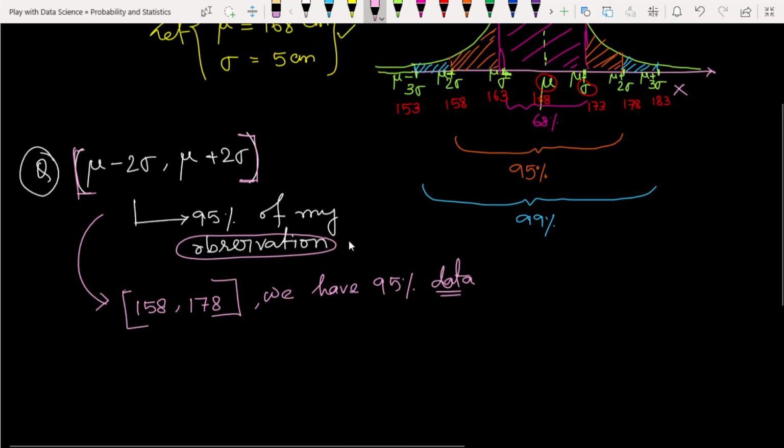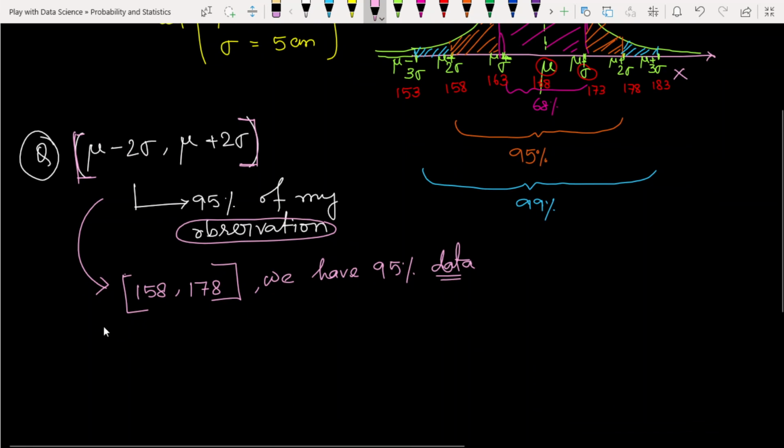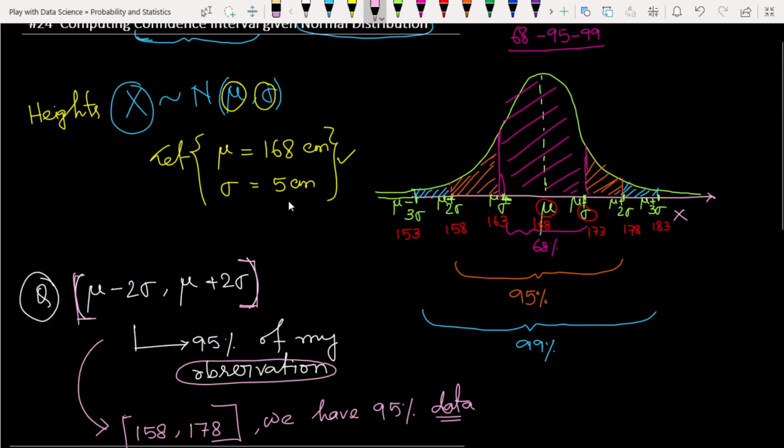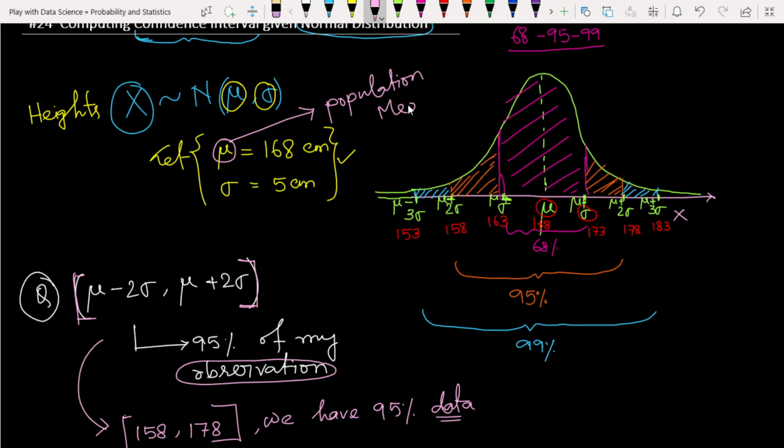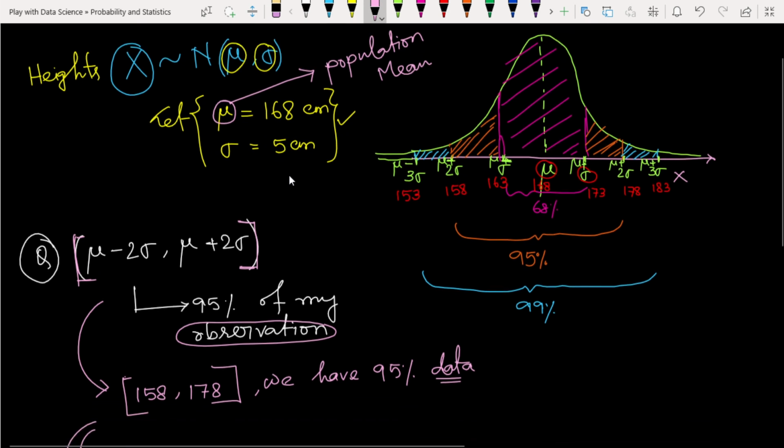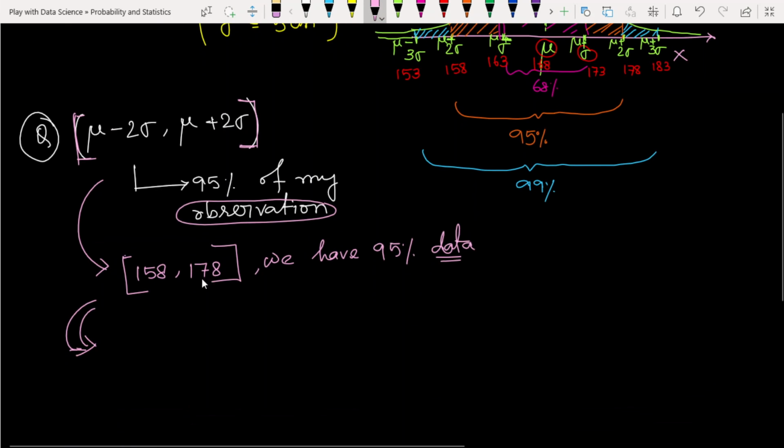Now what do these things mean? Mu means our population mean. This mu means the population mean. So our population mean lies in the interval, with how much confidence?